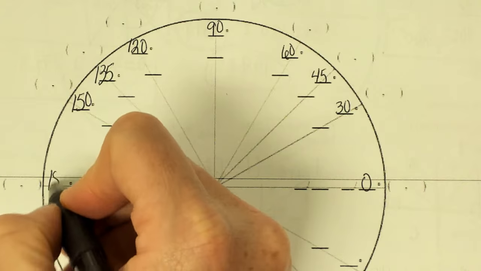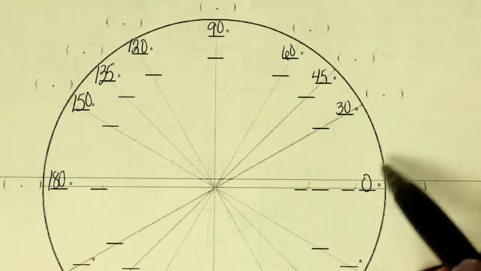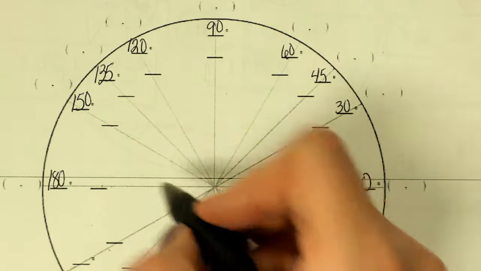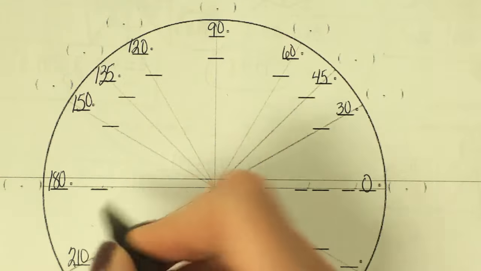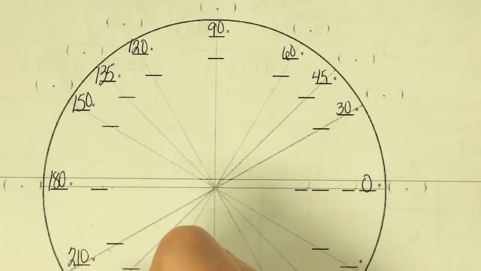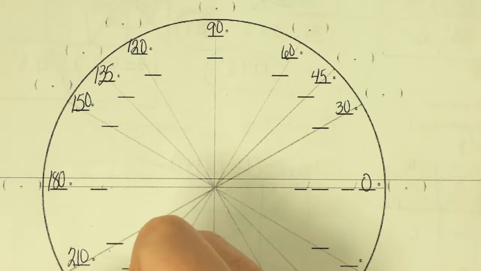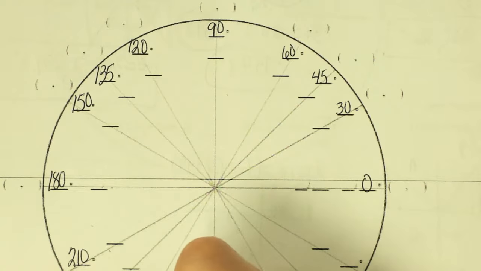Okay, this is 180, we should know that. Again, we're 30 degrees away. See, it goes 30, 45, 60. So that makes this 210. Then we're 45 degrees, so 180 plus 45. 180 plus 60. And then this is 270.